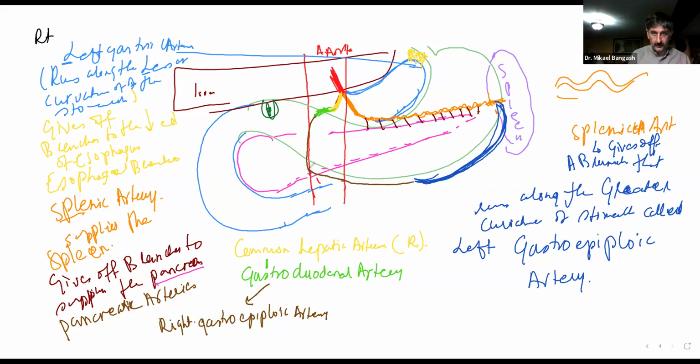It's going to come like this. So we can say that the right gastroepiploic artery is going to anastomose with the left gastroepiploic artery along the greater curvature.